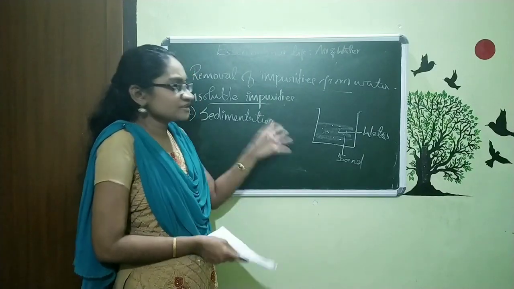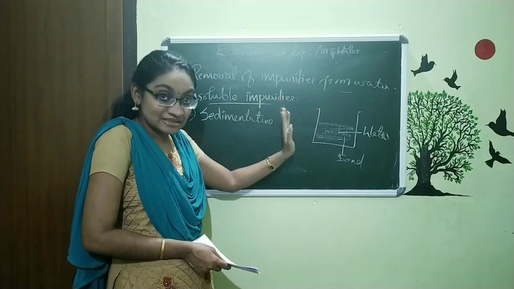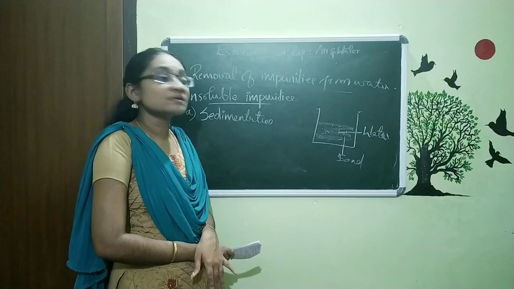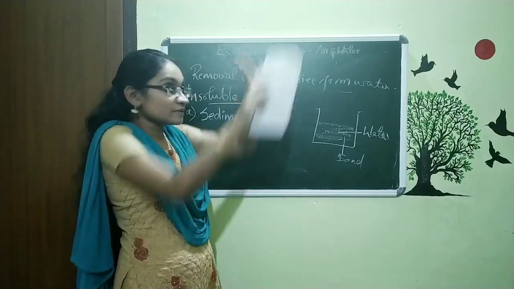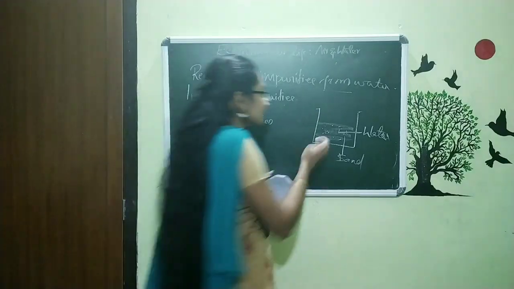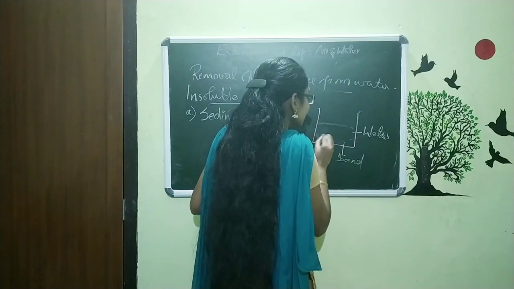That means I am not shaking this, I am not stirring this, I am just keeping it undisturbed for some time. After some time, what you can see, will the sand and water still be spread like this? No, you can see that the sand particles are getting deposited under this water.